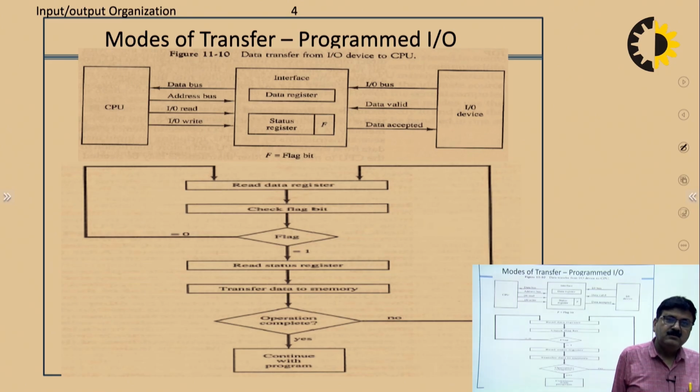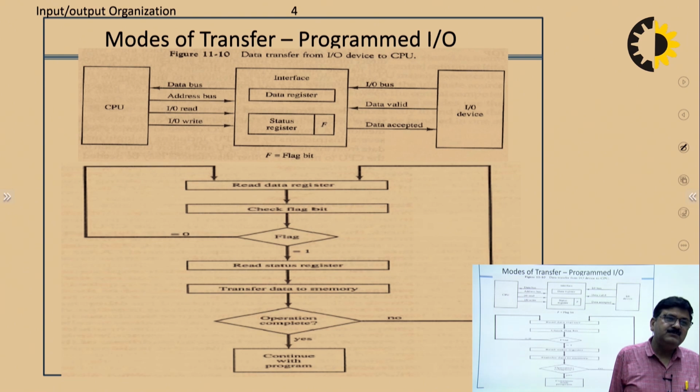The CPU is very costly and much faster than the input output devices, but it is waiting, checking the status repeatedly. It means we are wasting the time of the CPU, because input output devices are slow.